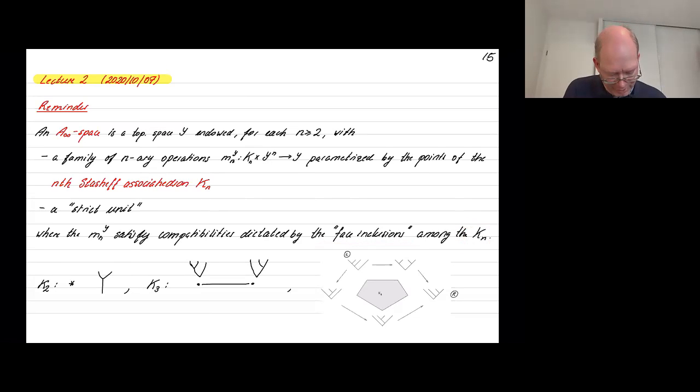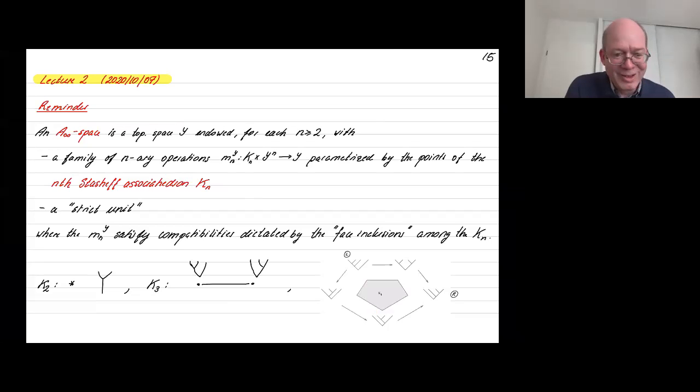For example, if you look at K3, which is just an interval, it has a boundary made up of 2 copies of K2. And then K4, this pentagon, which parameterizes 4-ary operations, has a boundary made up of 5 copies of K3, and we have to have suitable compatibilities between the operations when we restrict to boundaries.